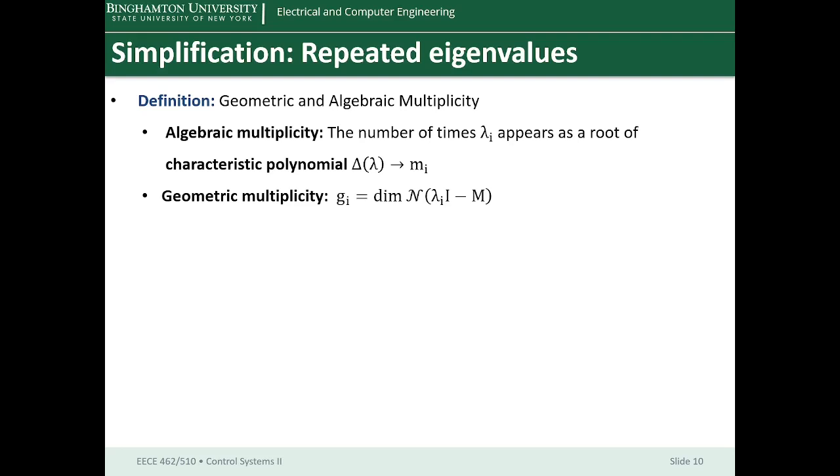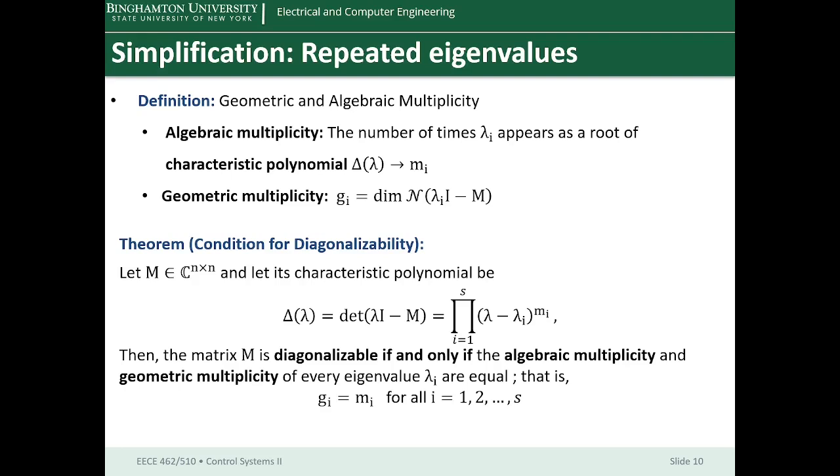The relation between these two multiplicities determines whether or not the matrix is diagonalizable. If for every eigenvalue the geometric multiplicity and algebraic multiplicity are equal, then the matrix is diagonalizable.